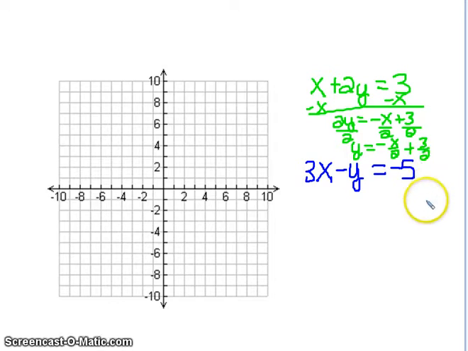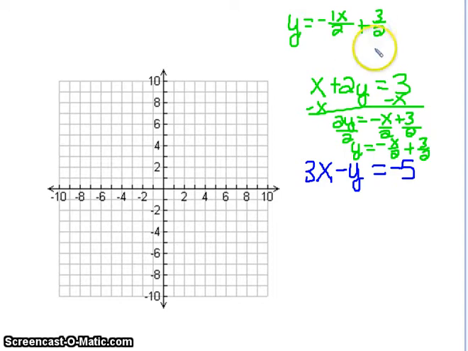Now this one's not going to be as fun to graph because we have fractions, but it is possible, and let's see what kind of answer we get. If we have y equals negative 1x over 2 plus 3 over 2, 3 over 2 is equal to 1.5.